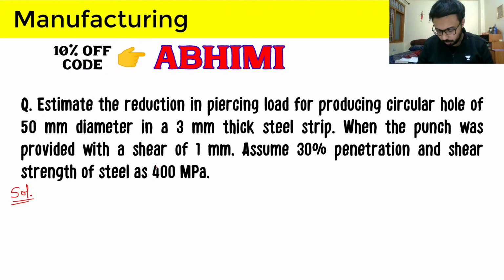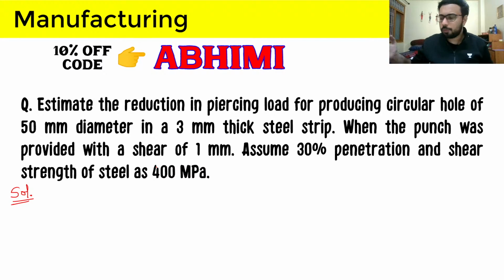So you will find your force versus displacement curve changed in shape after you have provided the shear, and your maximum force will be distributed over a larger displacement than in the case where shear was not provided. So shear basically reduces the maximum force, not the total energy. The energy is going to be the same, just the maximum force is reduced.